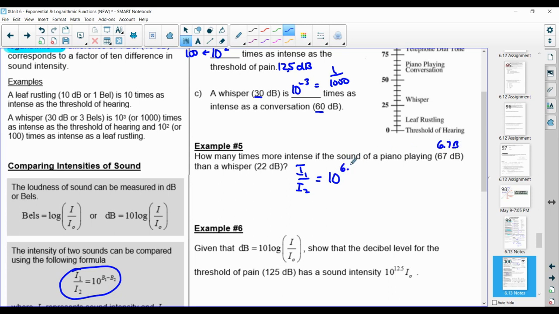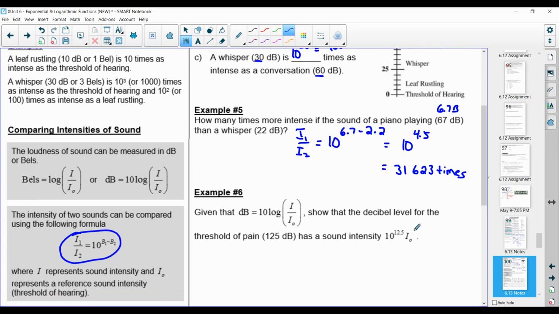So 6.7 minus 2.2 would be 4.5. That gives us 10 to the 4.5. And if we compute that, we get 31,623 times as intense. So the sound of a piano playing is 31,623 times as intense as the sound of a whisper.